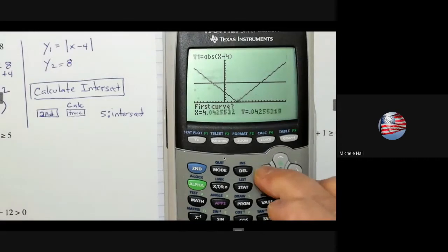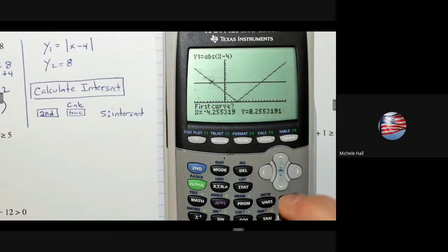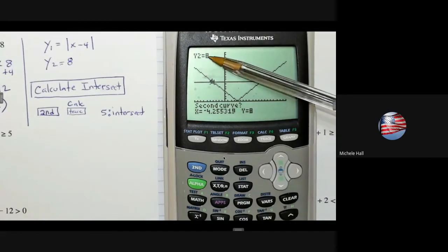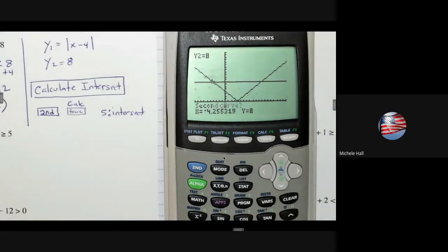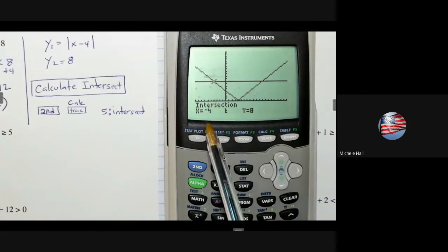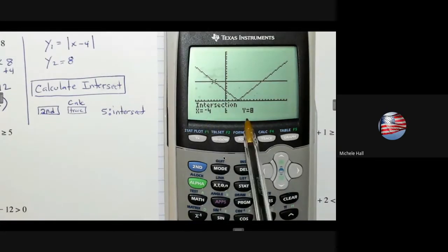I'd like to be over where the intersect is. You want to be right there. This is where it's intersecting. The first curve is the absolute value, enter. The second curve, is it y equals 8? That is true, so I hit enter again. Hit enter again. The intersection is at negative 4, y is 8. Negative 4, x equals negative 4.